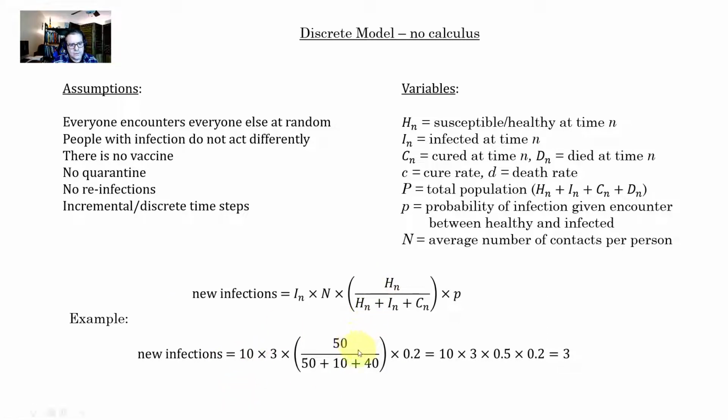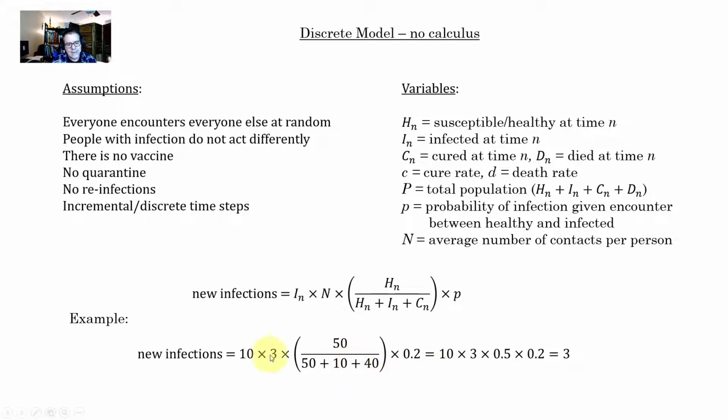And let's say, just as an example, suppose there were 40 people already cured in the population, so that I had a total population of 50 plus 10 plus 40 more. That's 100 people, but half of them were susceptible, so that's a 50% chance of encountering somebody who's susceptible.